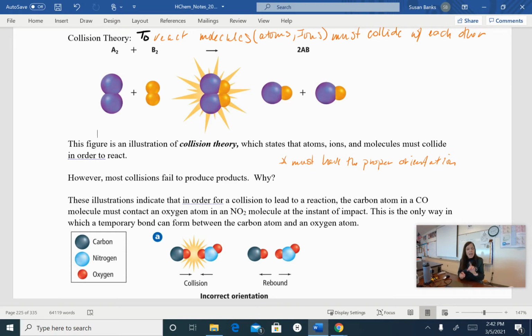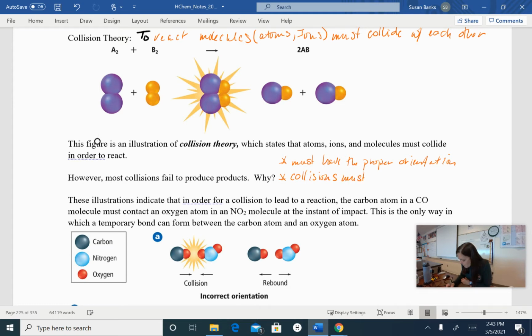And what happens if I try and hit in a demolition derby and I'm only going like 5 miles an hour? Is that going to damage any other car? No, I need to hit with enough force to do damage. So the collisions have to have enough energy to actually create a reaction. They must have enough energy to create what we call the activated complex.